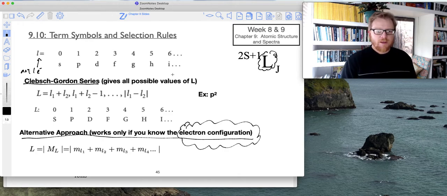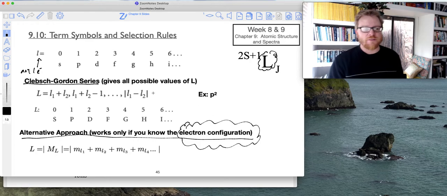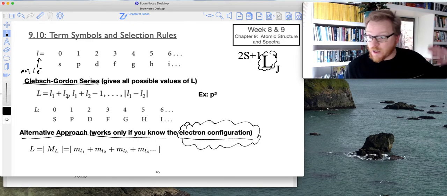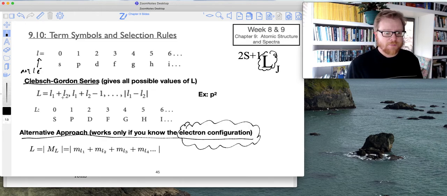Okay? The total L value, the capital L, the main term, is given by the Clebsch-Gordan series, which gives all possible values of L. And that goes as L1 plus L2, or plus L3 plus L4, etc., if we had more electrons. And then that goes all the way down to L1 minus L2, with possibilities of L1 plus L2 minus 1, and so on.